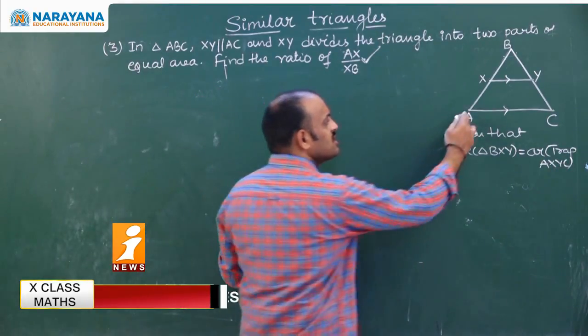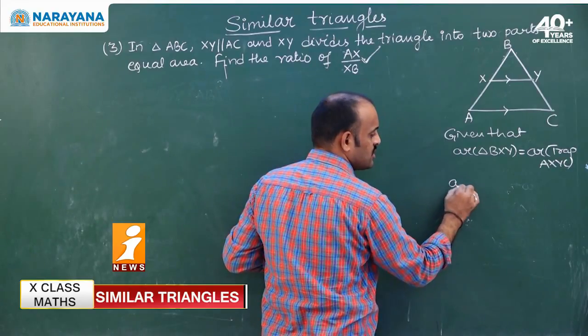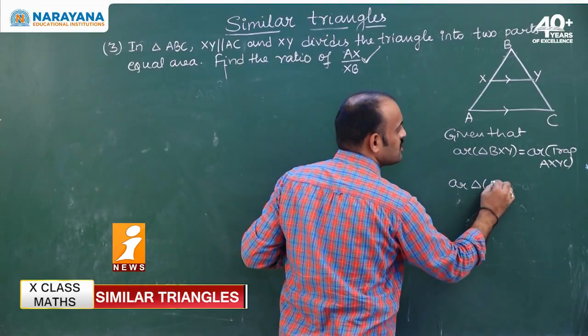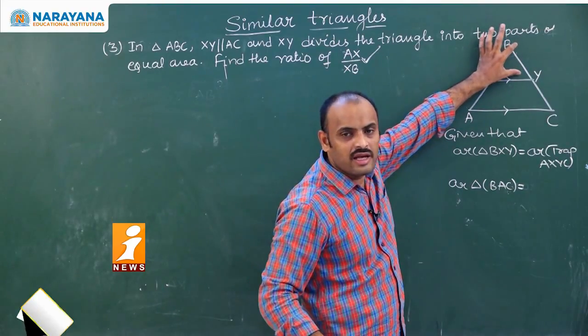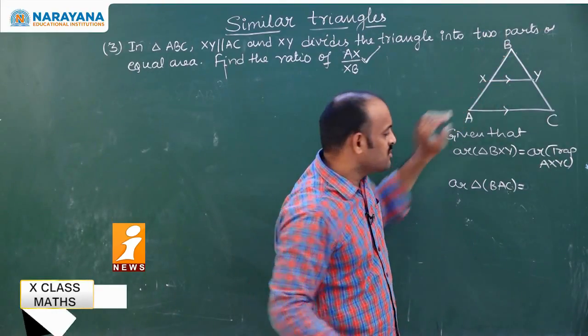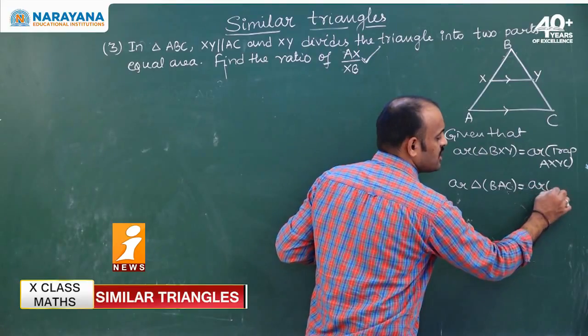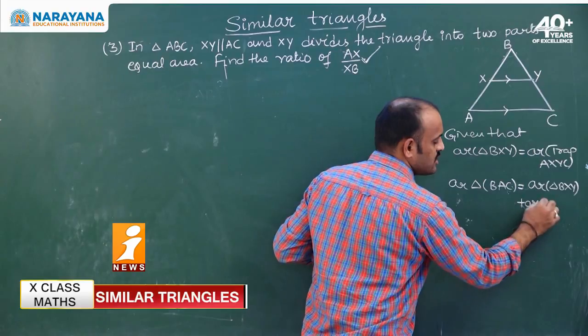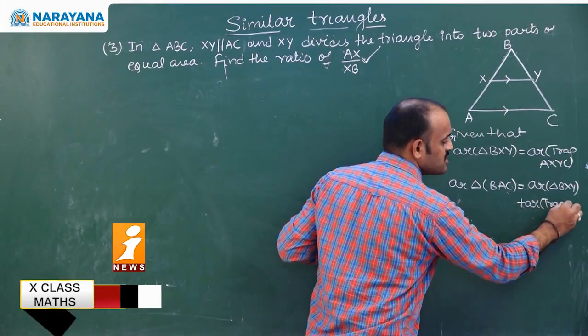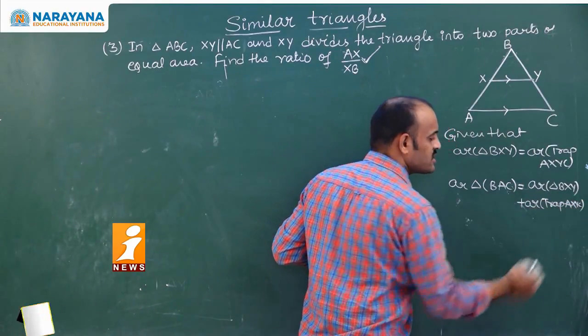Now, the entire area of triangle BAC is equal to upper triangle area plus this trapezium area. That means area of triangle BXY plus area of trapezium AXYC.